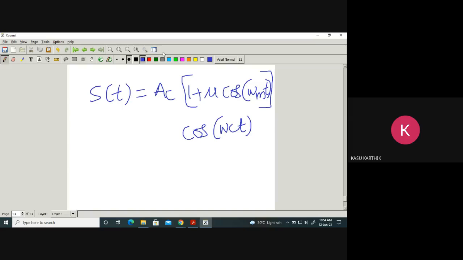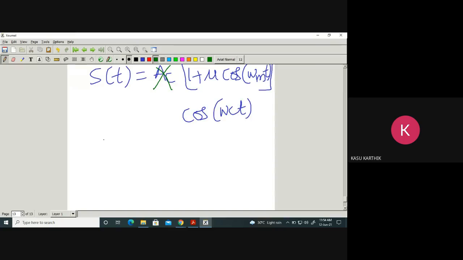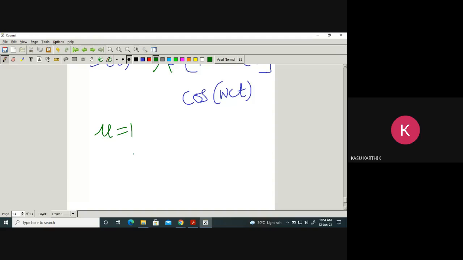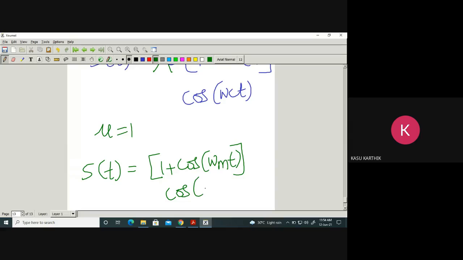AC also you can neglect for the time being. It is a constant, no? So if mu equal to 1, what will S of t be now? 1 plus cos omega mt into cos omega ct.